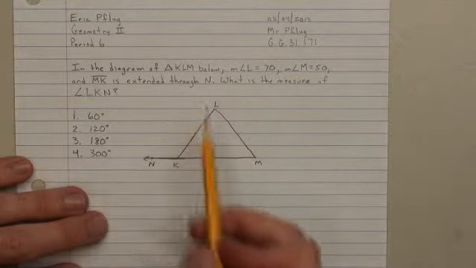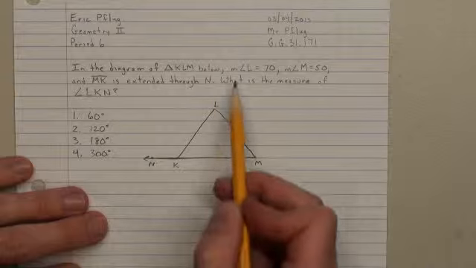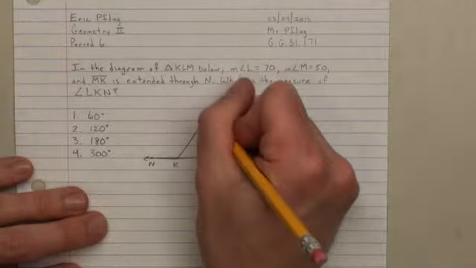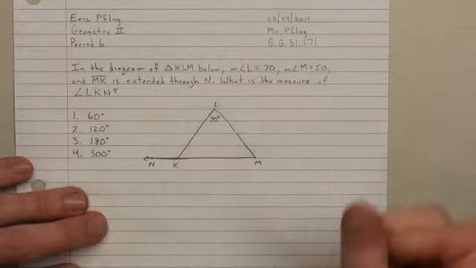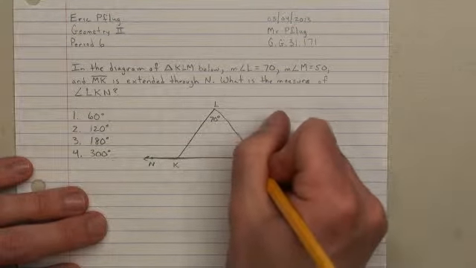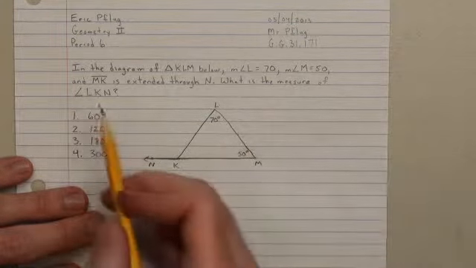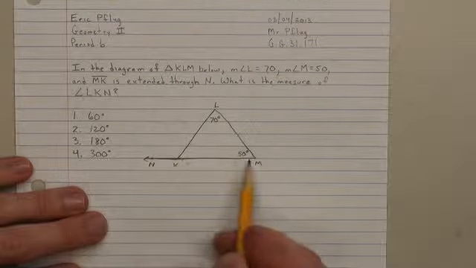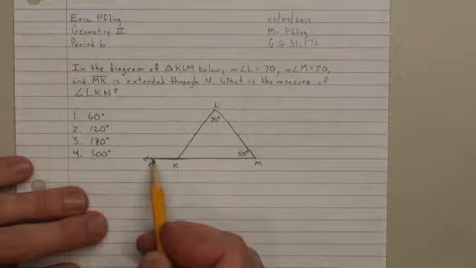So in the diagram of triangle KLM, the measure of angle L is 70, so this is 70 degrees. The measure of angle M is 50, so this is 50 degrees. And segment MK is extended through to N.